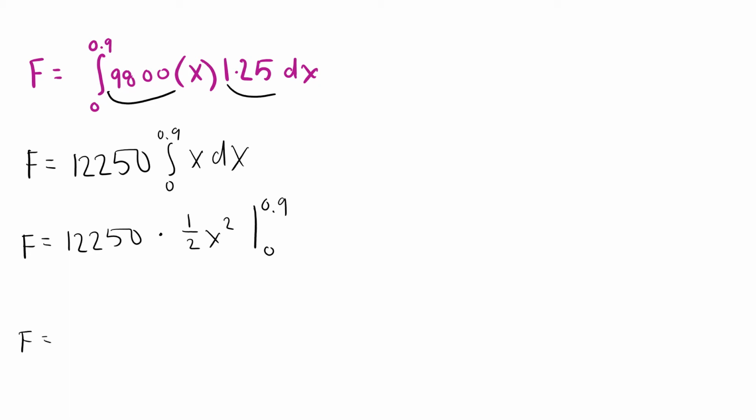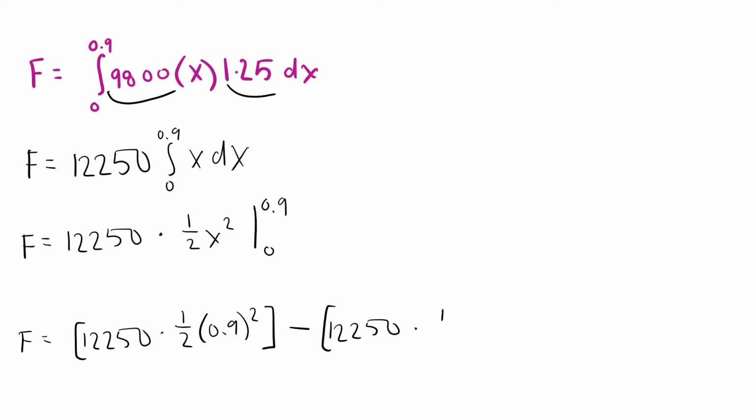Our final step is going to be 12,250 times 1/2 times 0.9 squared, minus 12,250 times 1/2 times 0 squared.